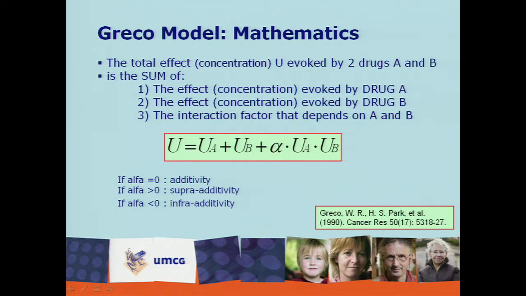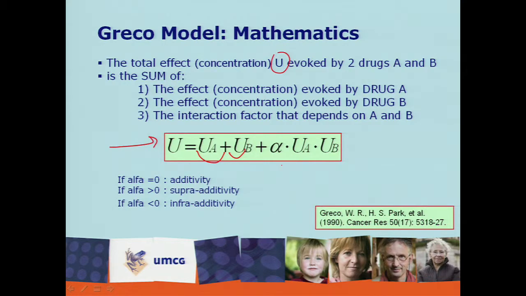So the Greco model, the first one, gives you an idea of the total effect U evoked by two drugs A and B. The Greco model is the sum of the effect of drug A plus drug B plus a potential effect of the combination of the two drugs.